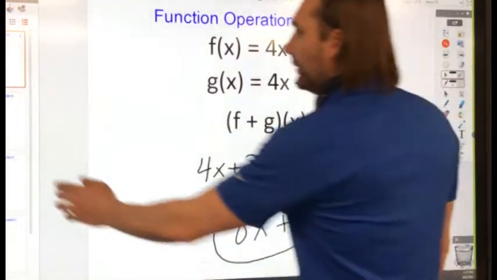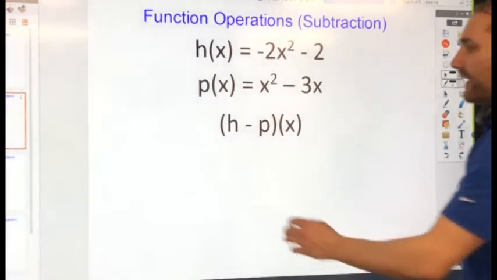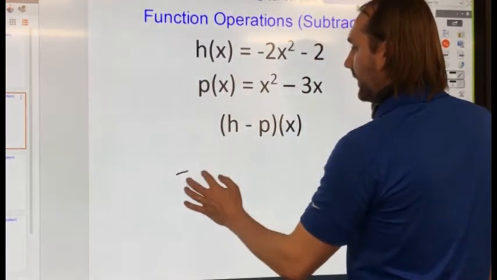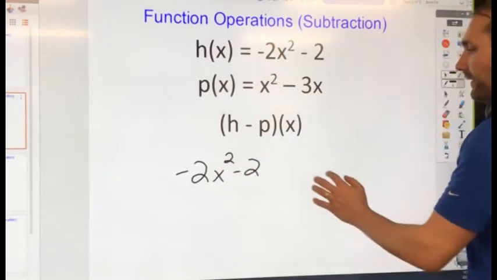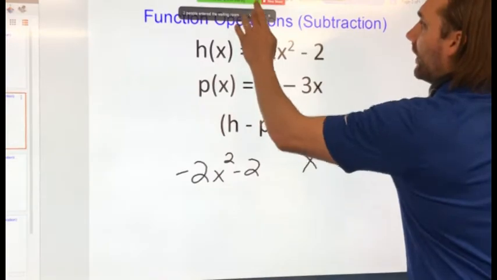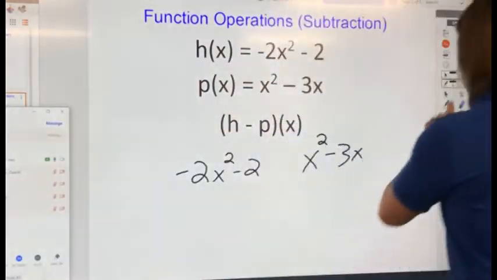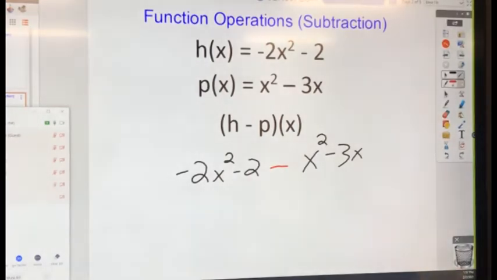Now subtraction, as we've seen, can be very misleading. It's not as simple as taking two functions like h of x, which is negative 2x squared minus 2, and p of x, which is x squared minus 3x, and putting a subtraction sign in between the two, like so. It's not that simple.